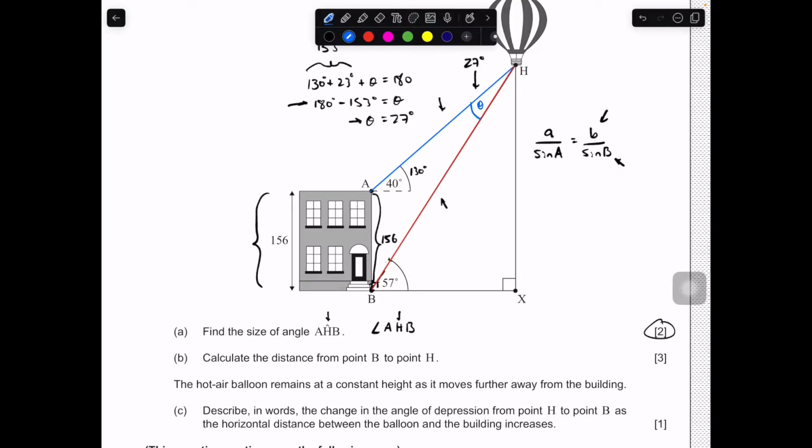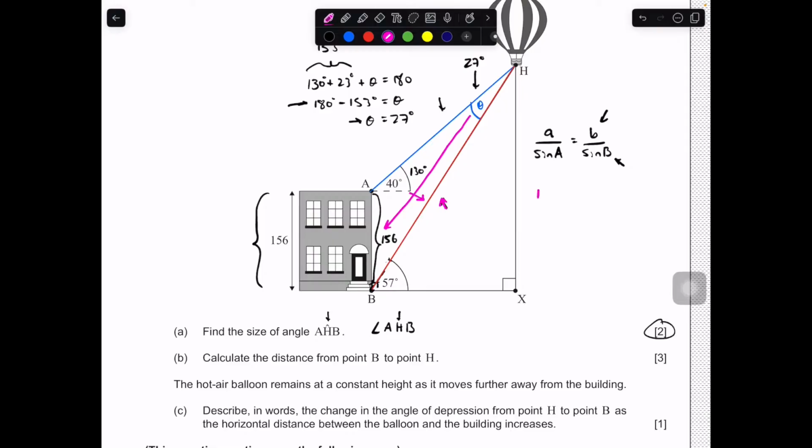Okay, so let's see how we can apply the sine law. We have an angle and its opposite side length, and this right here is the side length we want to find.